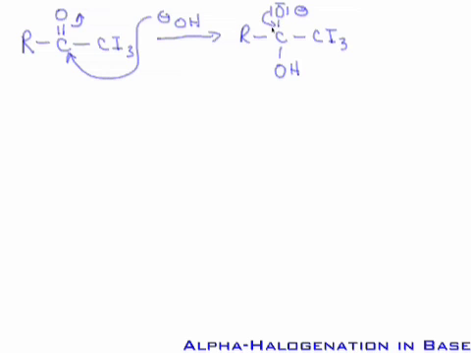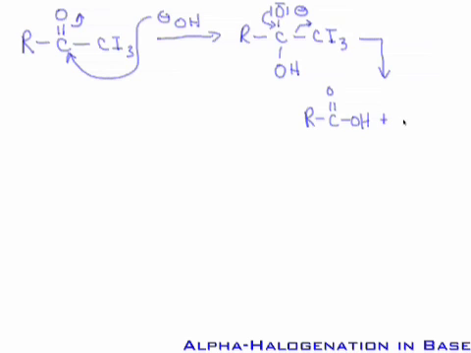When the carbonyl reforms, it can kick out CI3. Now you might argue, wait a second, carbon is a terrible leaving group. In aldehydes and ketones, we don't do nucleophilic acyl substitution, we do nucleophilic acyl addition, because H and carbon, being negative, won't leave. Except in this case, with CI3, you have three electronegative iodines that help stabilize the carbanion that you kick out. And so you get RC double bond O, OH in this last step.